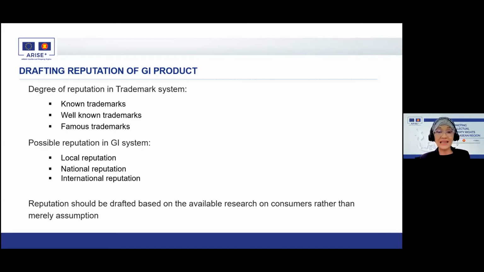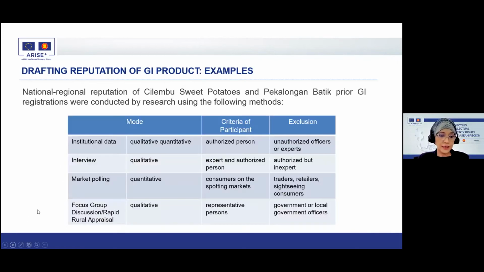It can also be a local reputation or national reputation or, of course, international reputation, as long as it has a special reputation. It shouldn't need to be well known because if it should be well known, many requirements have to be met. So that's the reputation difference between GI and trademark.